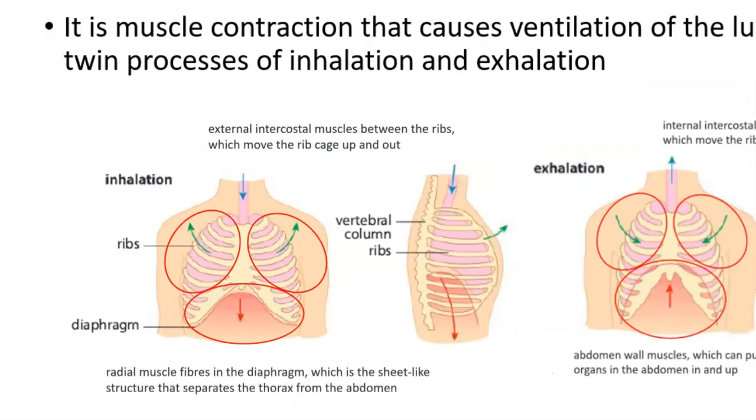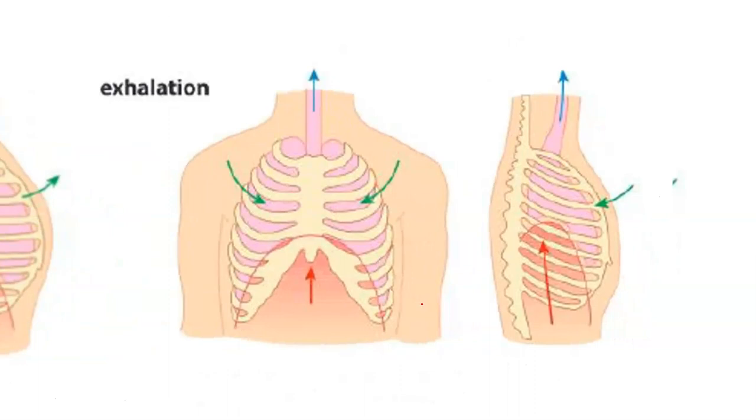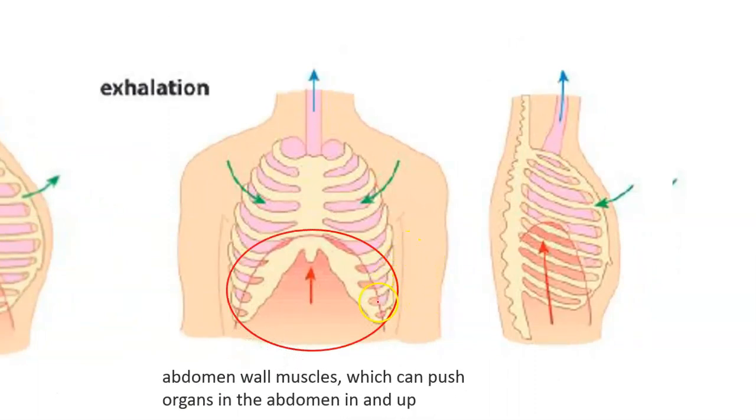And then your intercostal muscles. So let's move to the other part, which is once you do exhalation, what happens? In exhalation, as you can see, the abdomen wall muscles can push organs in the abdomen in and up.